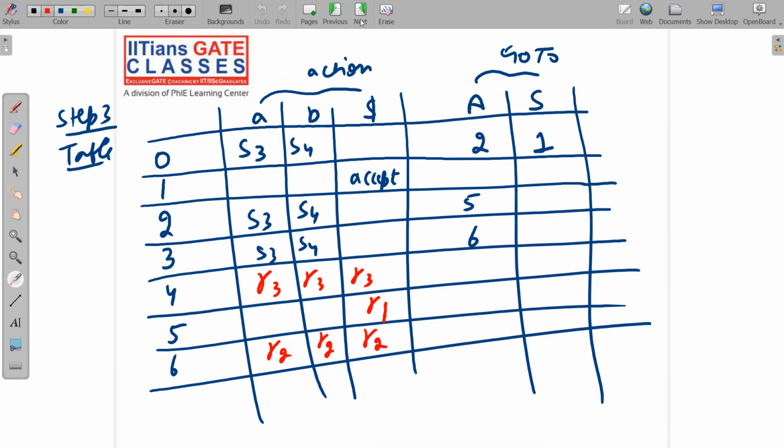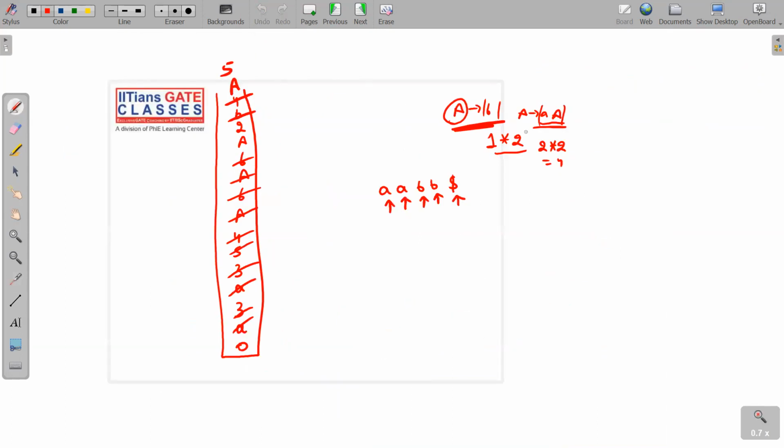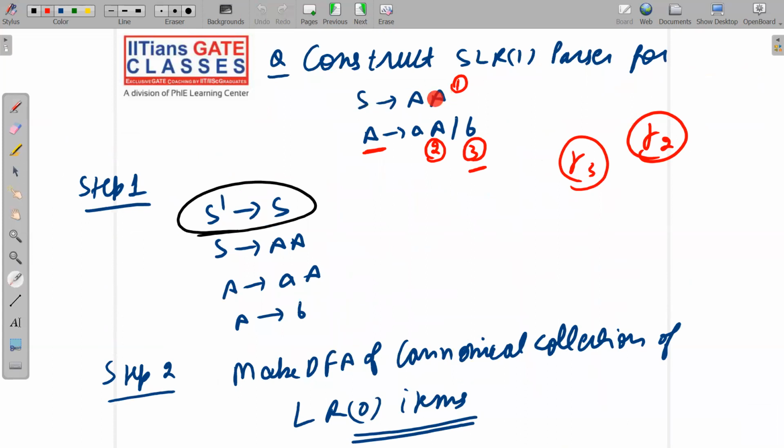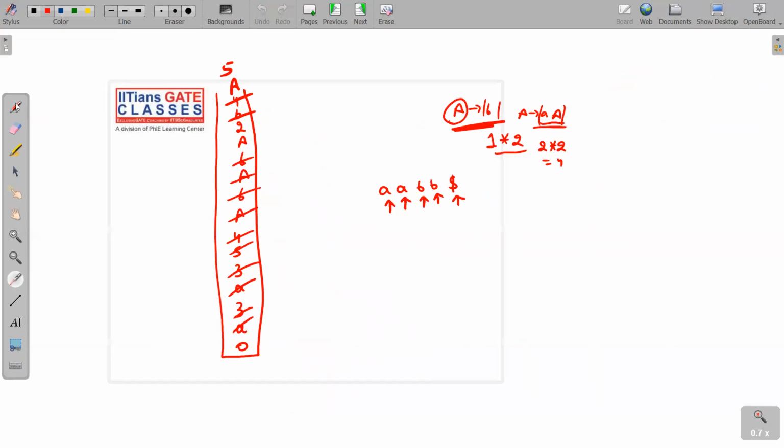5 on dollar, R1. R1 means what? Production number 1 was S goes to AA. So the RHS length is 2. 2 multiplied by 2, that means 4 symbols will be popped off: 1, 2, 3, and 4.